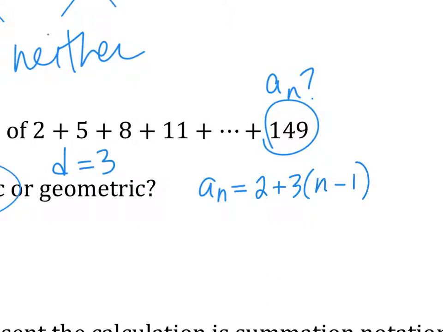We don't know what n is, but a_n is equal to 149. So can you go backwards and figure out what that number is? Yes. Okay, so go ahead and figure out what n is.